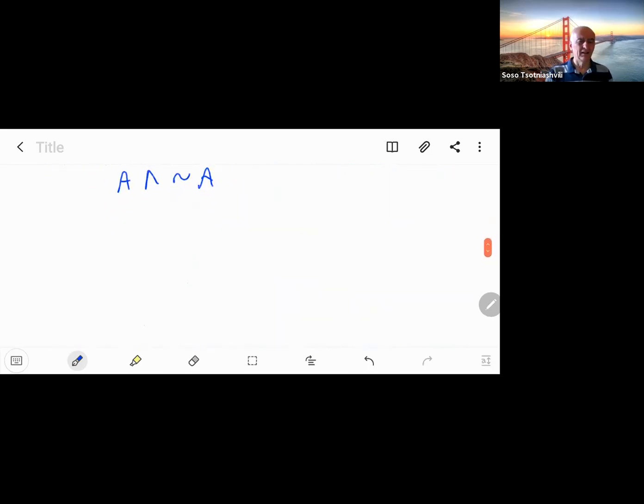Okay. One more example, please. Let's follow it. Would you like to prove it by truth table, or are we more clever and can we avoid the truth table?